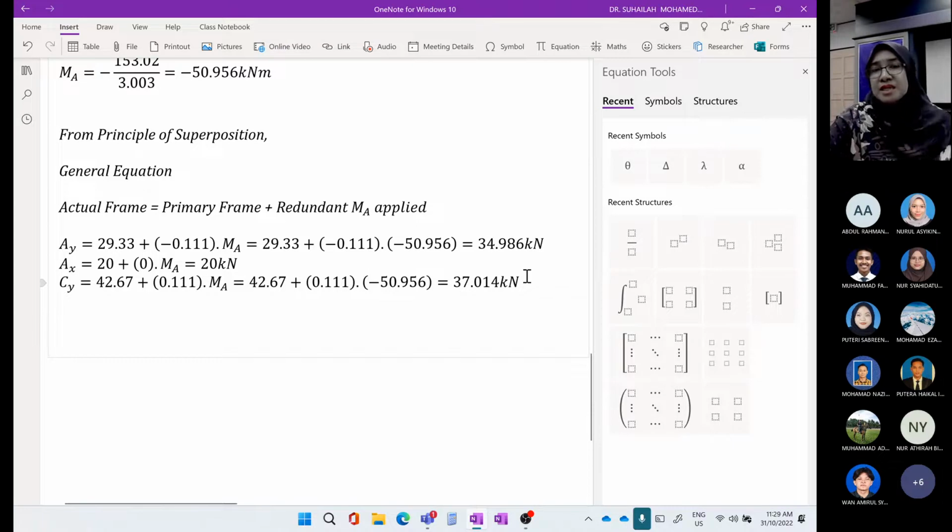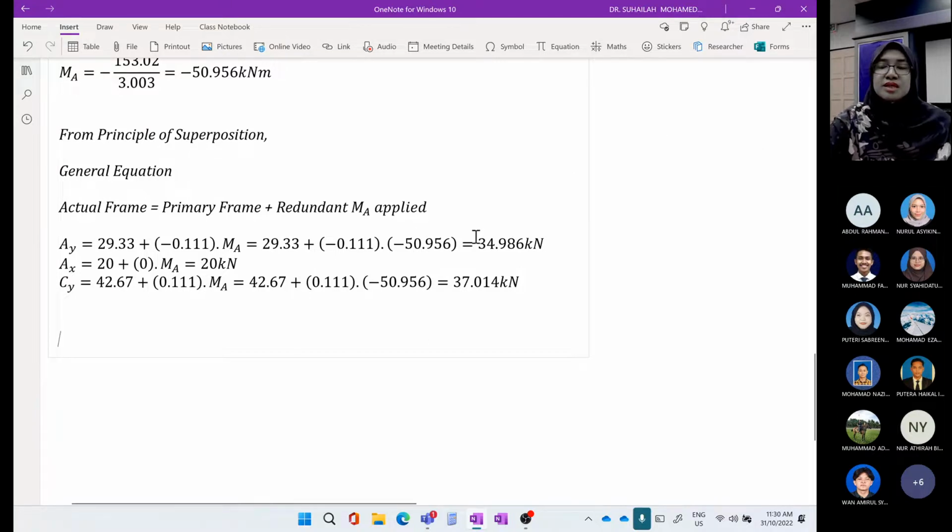Tapi tak compulsory lah. Kalau you just nak check jawapan, you just put all into the actual frame and then using equilibrium equation, just checking whether you get 0 or not. Total moment is equal to 0. Total Fy is equal to 0. Total Fx is equal to 0.